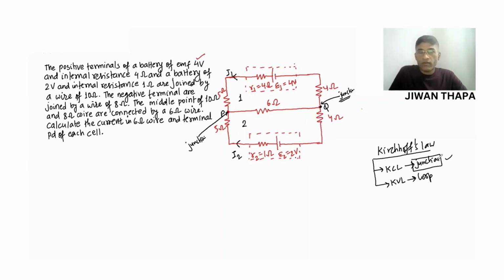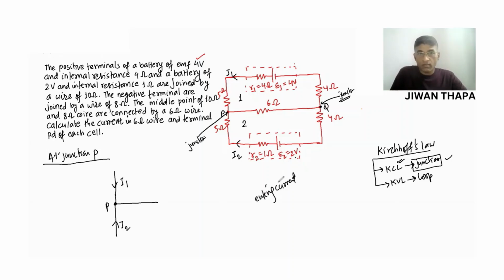So we apply the first law at a junction. Now what we find at junction P? We find current I1 is moving towards junction P, and we find current I2 is moving towards junction P. Now we want the current in the branch PQ. So we know from Kirchhoff's current law that the sum of entering current is always equal to the sum of leaving current.